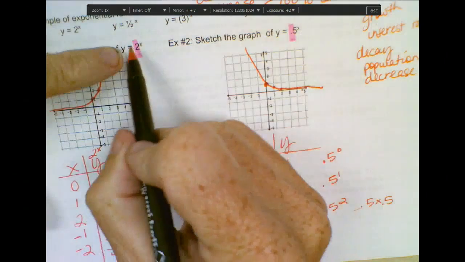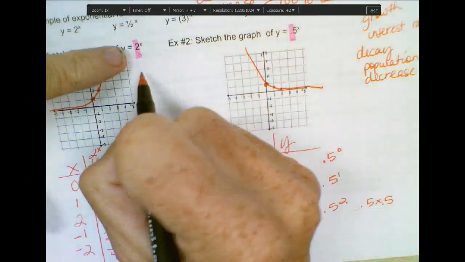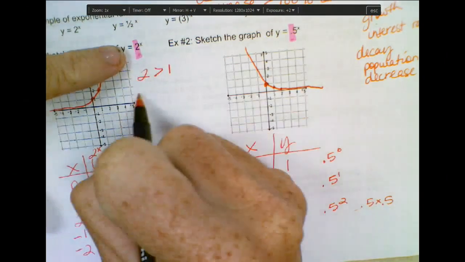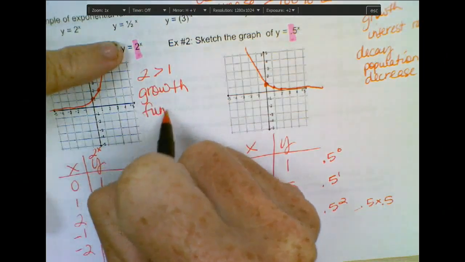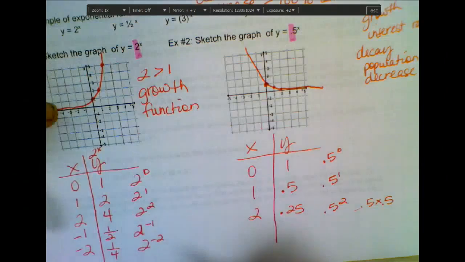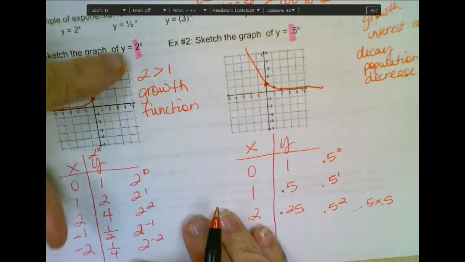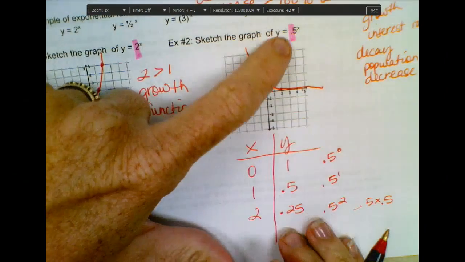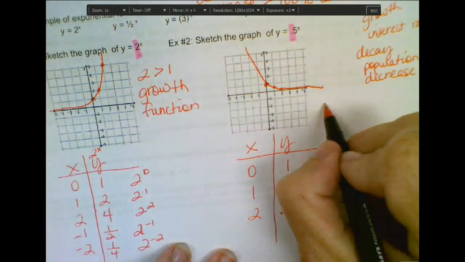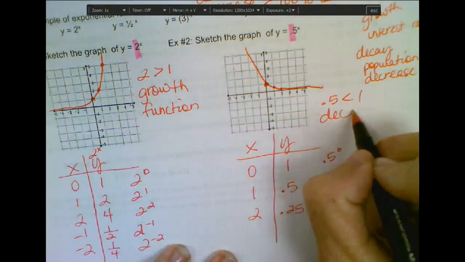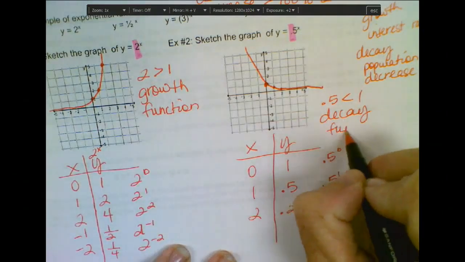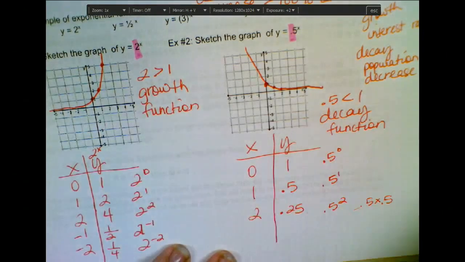If this number is greater than 1, 2 is greater than 1, so this is going to represent a growth function. Okay? In this graph, reading from left to right, we're increasing. By the same term, 0.5 is less than 1. That is a decay function. It's getting smaller as we look left to right. Okay?